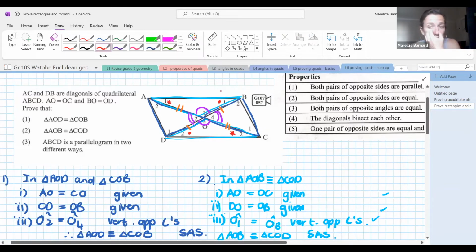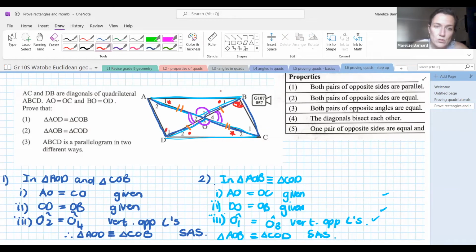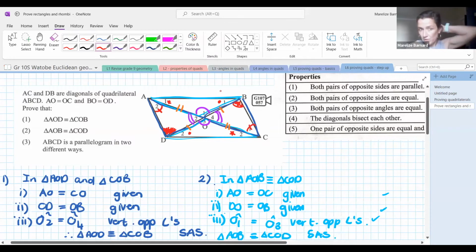That's just because of the congruency, because congruency means everything's the same. B2 will be equal to D2, also because of the congruency. And then A2 will be equal to C1 because of congruency.